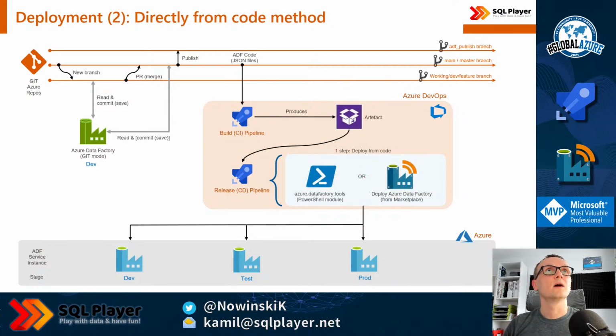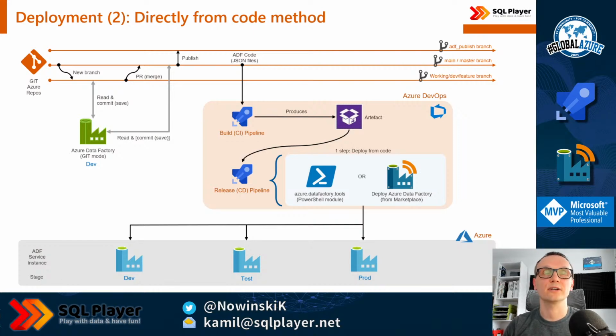Okay, so if you would like to deploy directly from code, that's a slightly different scenario, because you don't need the ADF publish branch any longer, because you will not use ARM templates. That's the main difference. Your source of code will be the main or master branch, and your artifact will contain all the JSON files which represent Azure Data Factory.